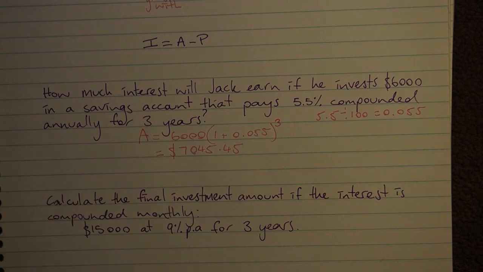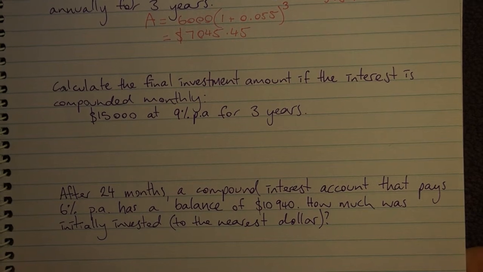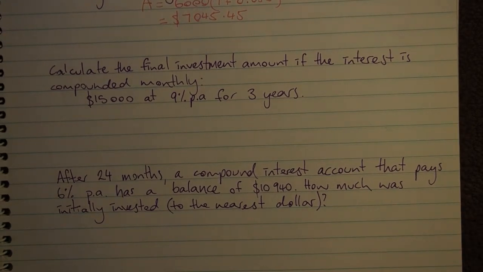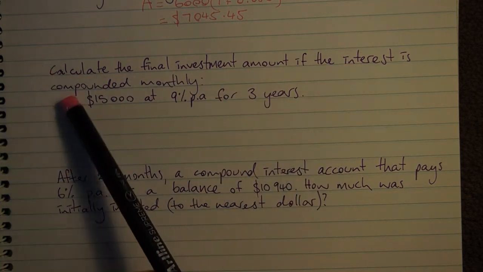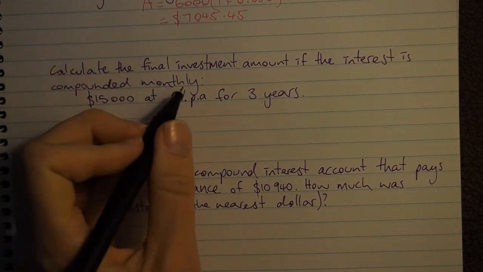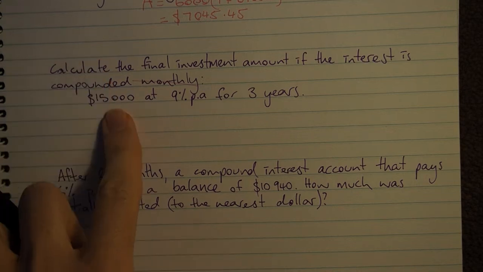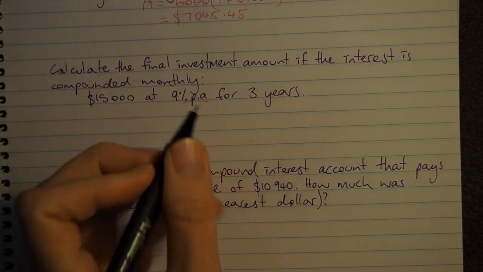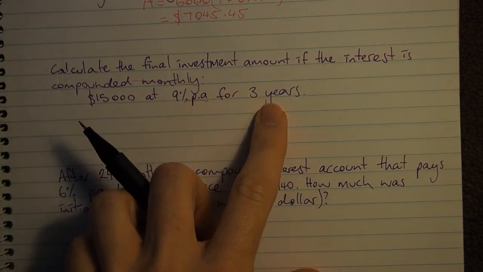Okay, so I want to show you another example where we will need to amend the interest rate to match the time periods. We're asked to calculate the final investment amount if the interest is compounded monthly. So we have $15,000 being invested at 9% PA. PA means per annum, which is per year, for 3 years.